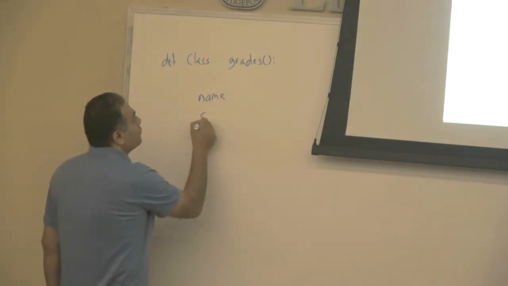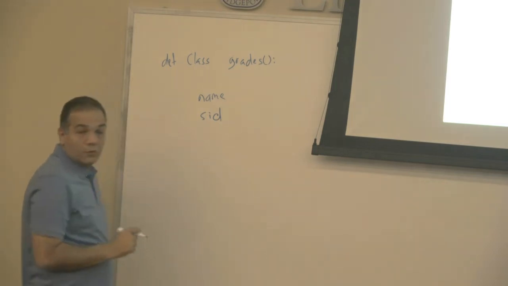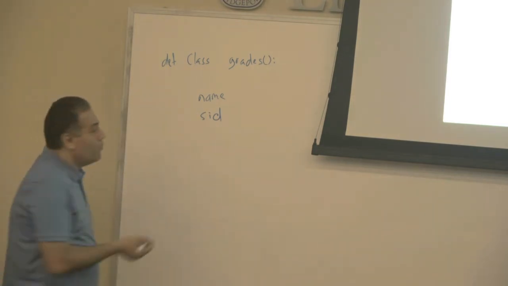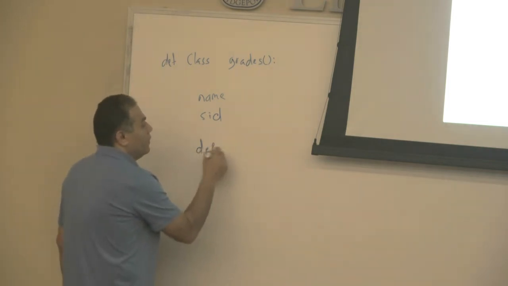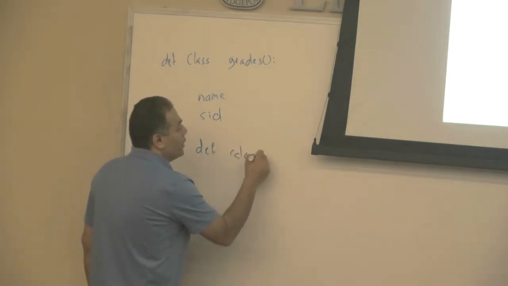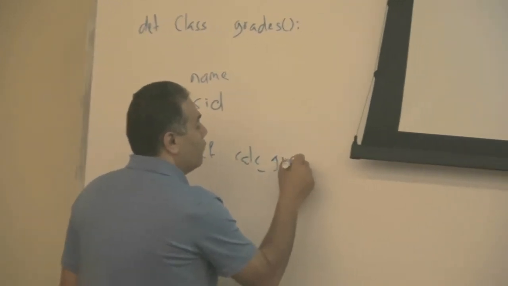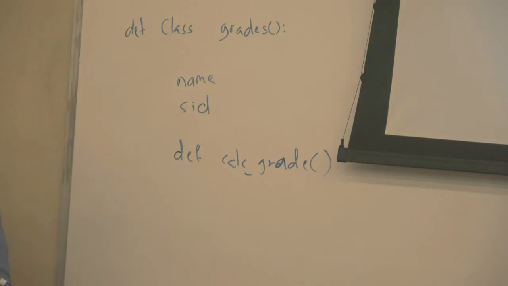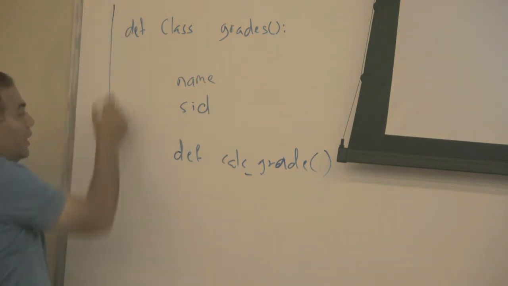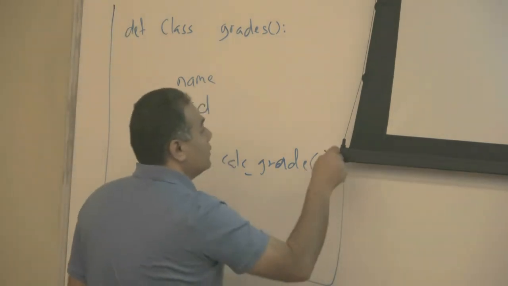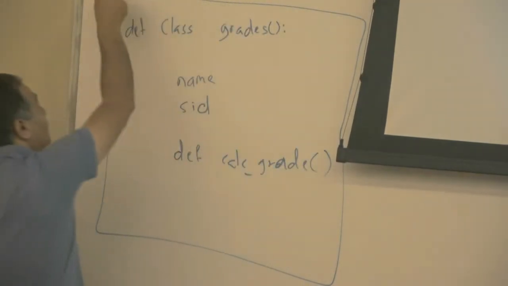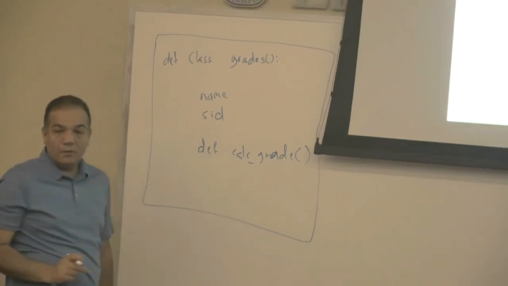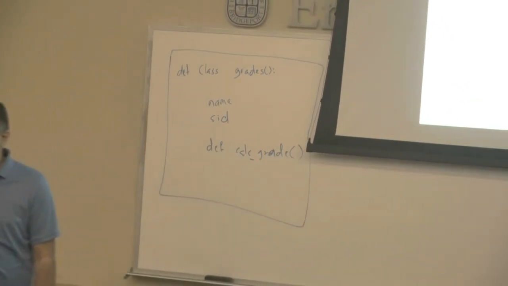Okay, student ID, that's an attribute. And it will have methods. For example, you could have def calculate grades, or final grade, whatever. Okay, this is a method. So the class is kind of a unit of an object that defines some attributes and methods.